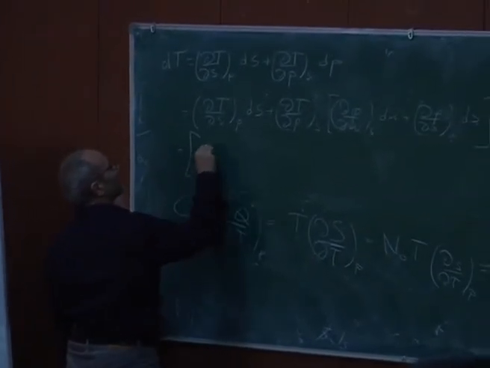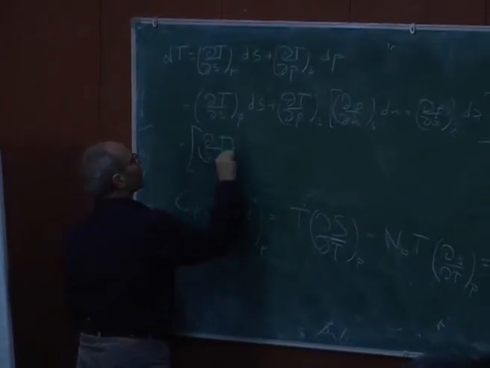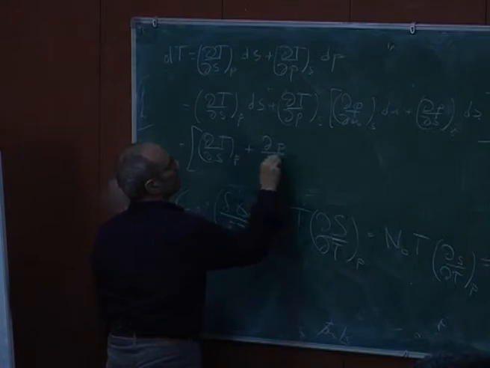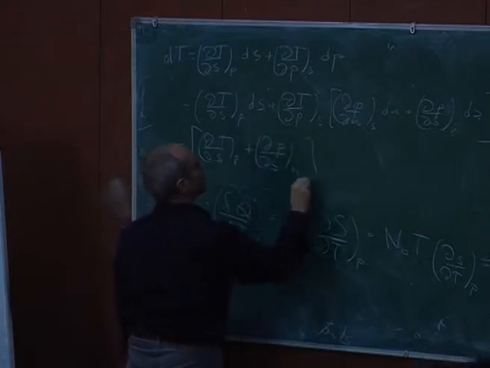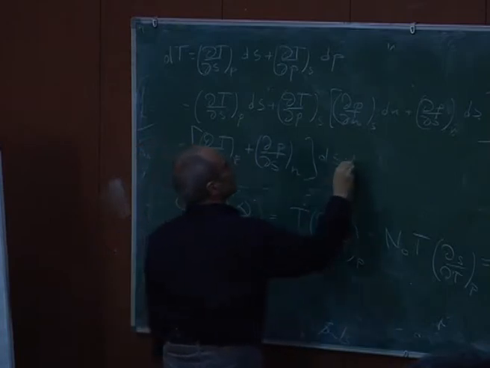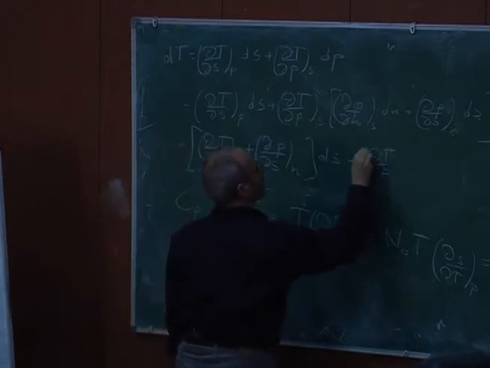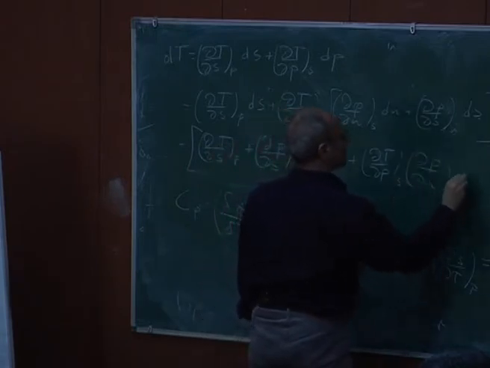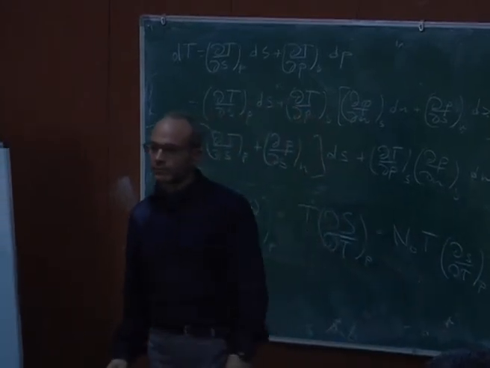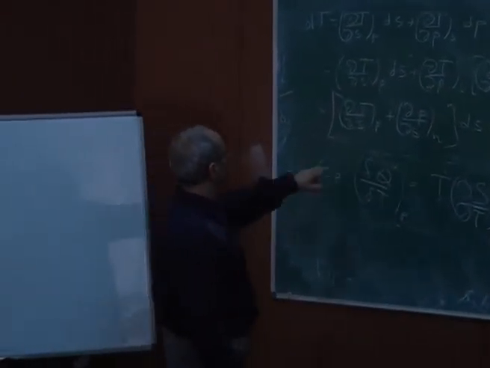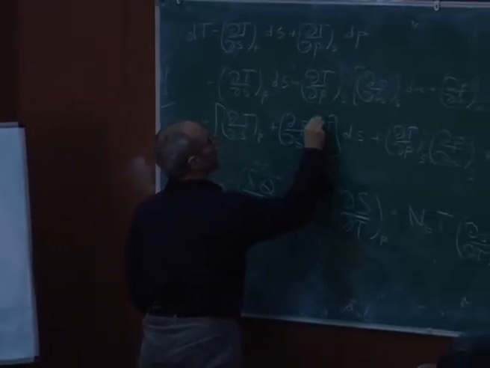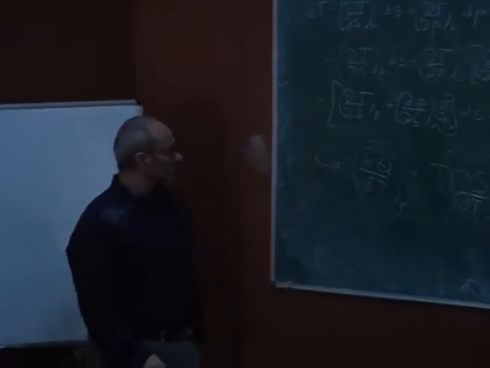Okay, so this one becomes dt over ds at constant p, plus dp over ds at constant n ds, plus dt over dp at constant s, dp over dn at constant s dn. Yeah, that's right. So dt over dp at constant s.